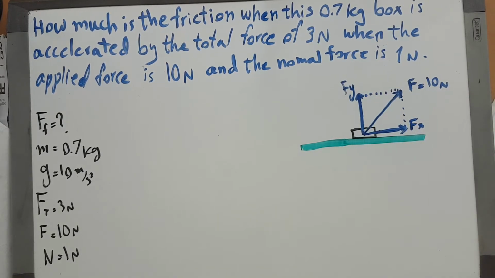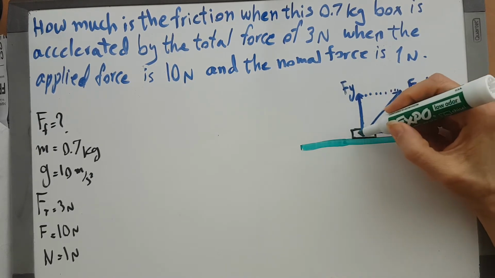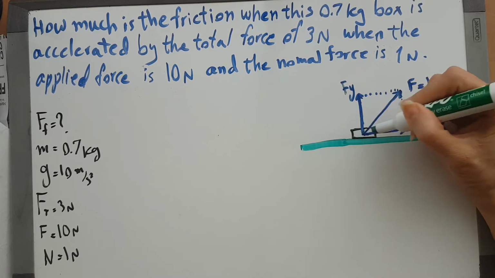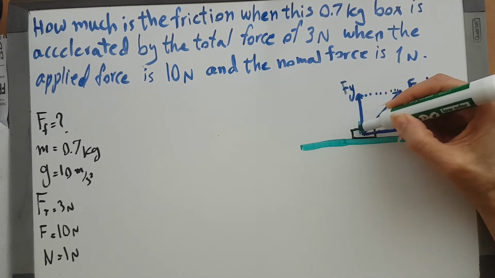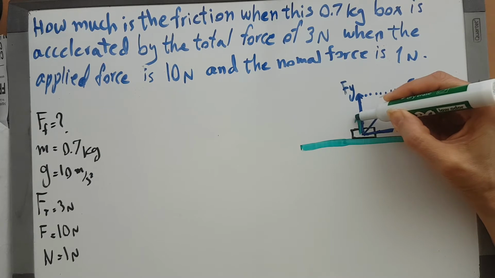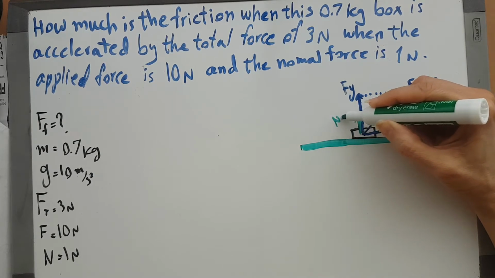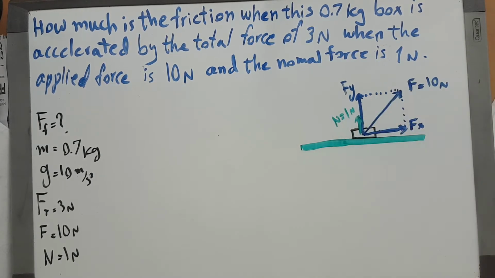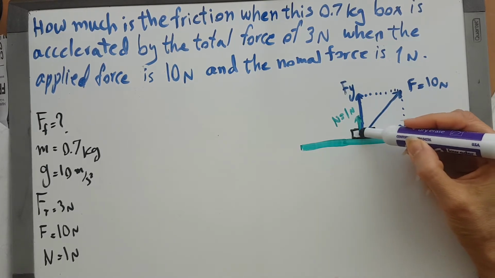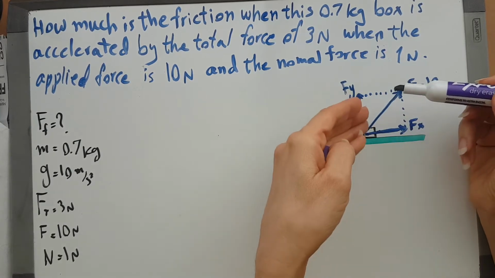Okay, now the mg, and the normal force which is applied by the F is also here. I draw that. This is the normal force, which is 1 newton. And mg must definitely be, because the box is not breaking to go down.